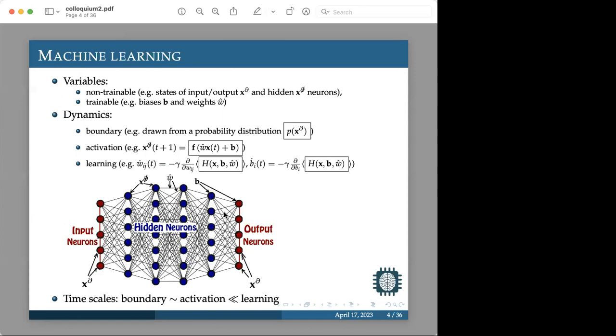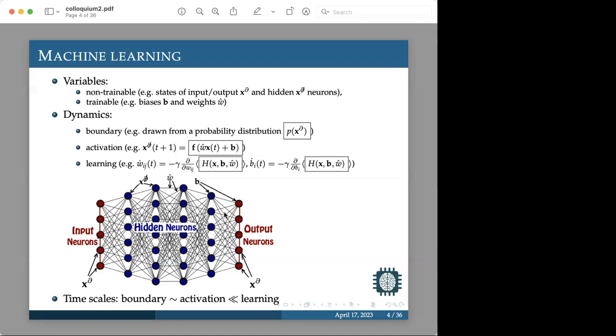Since the machine learning system is a dynamical system, you need to specify 2 things. What are your variables, things that change, and then what is the dynamics? And in machine learning systems, it is interesting because it has something that we actually don't have in physics very often. It has 2 different types of variables, and those are called trainable and non-trainable variables.